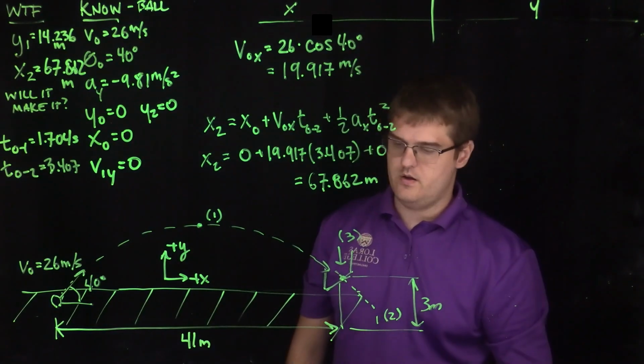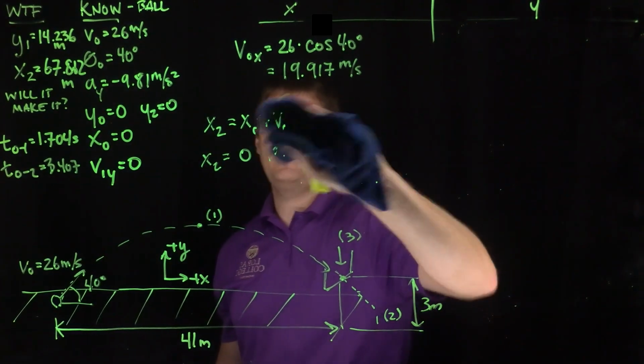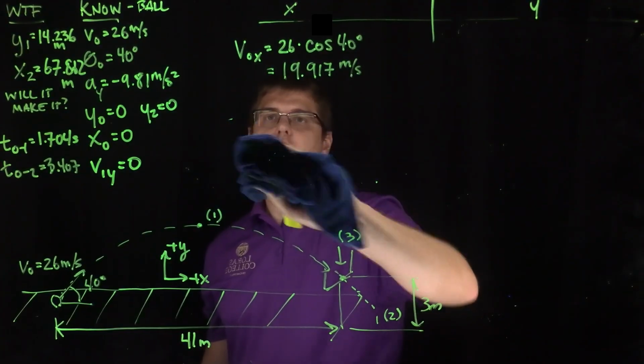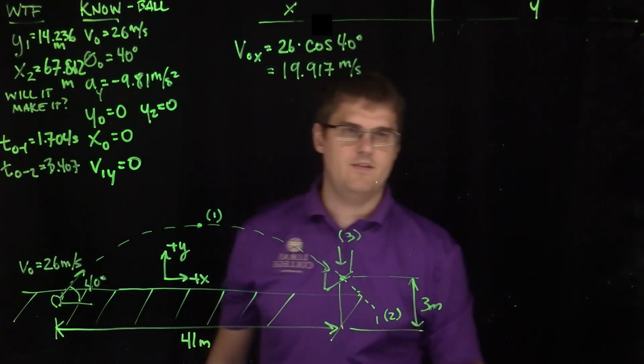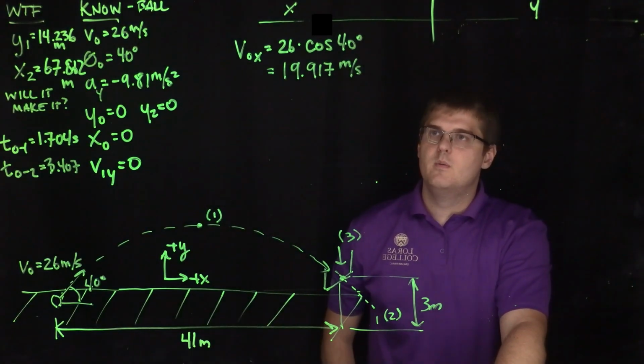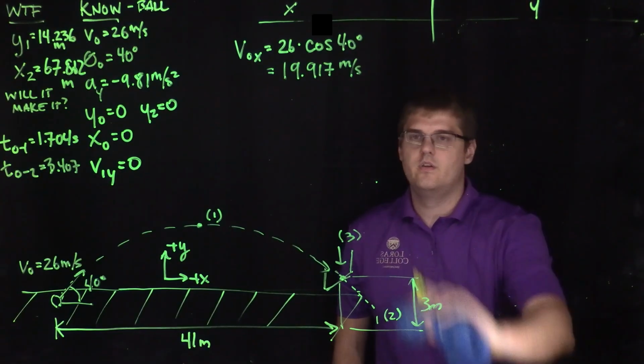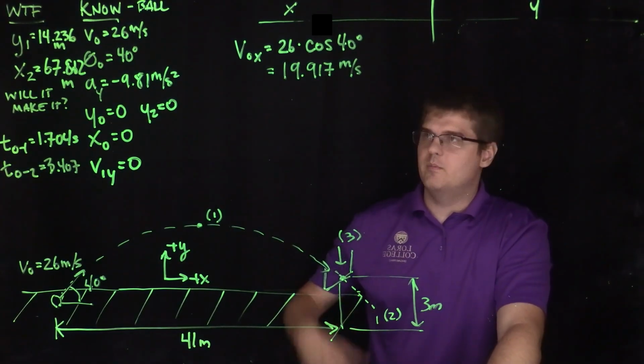The first way is going to be to work in the x first. I know, and I'm going to go ahead and leave that one up there, I know that I am going 19.917 meters per second in the x. And that is constant because it's not changing.